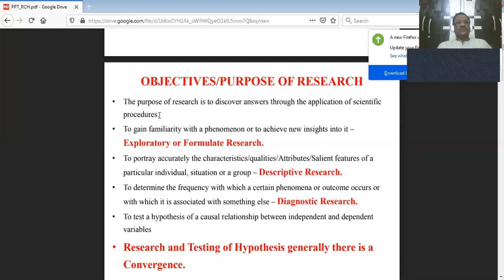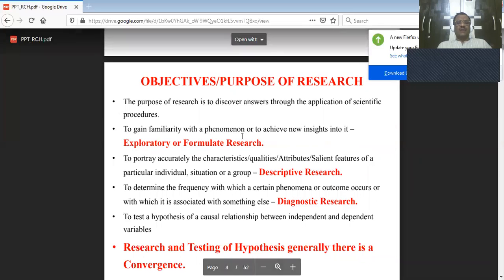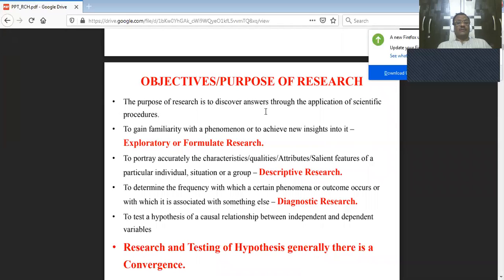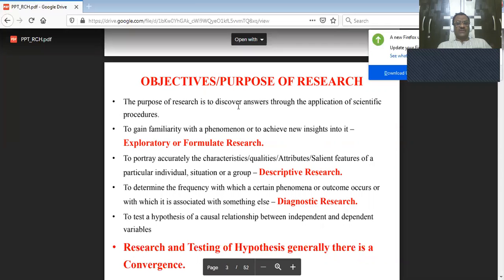The solutions may be immediate benefits or may not be, but there are scientific procedures involved in understanding the answers for your problems. But the thing is that it should be based on scientific inquiry, on a proper analogy between the variables and their interactions. That's exactly what the purpose of research is all about.